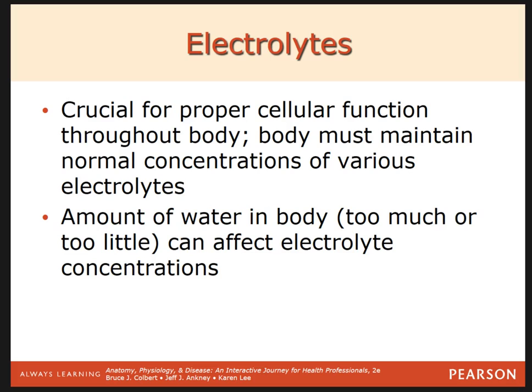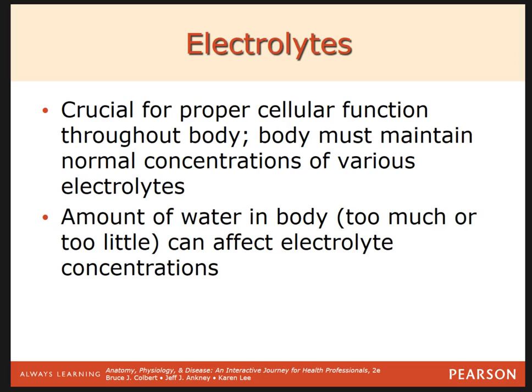Another lab value that we need often includes electrolytes. So these are the salts in your body that help the muscles function properly. So, remember we talked about calcium, potassium is an important one, sodium is an important one. Electrolytes are crucial for proper cellular function throughout the body, and the body must maintain the normal concentrations of these electrolytes.